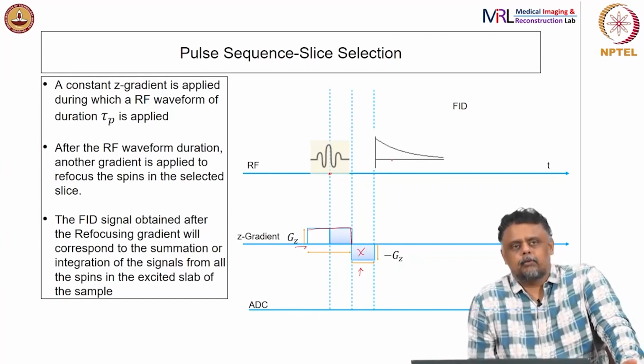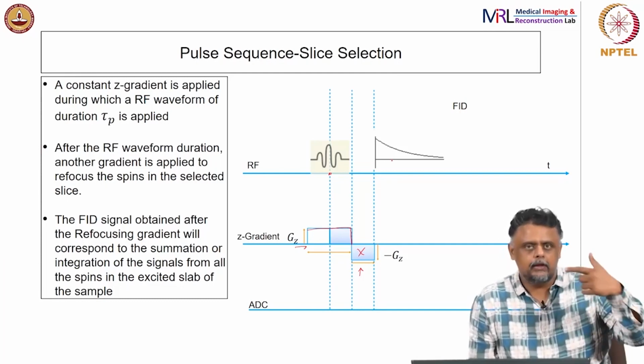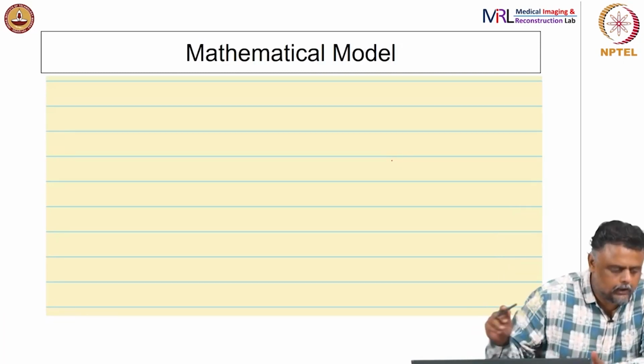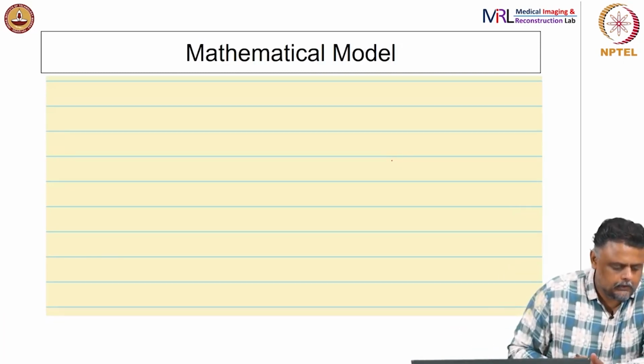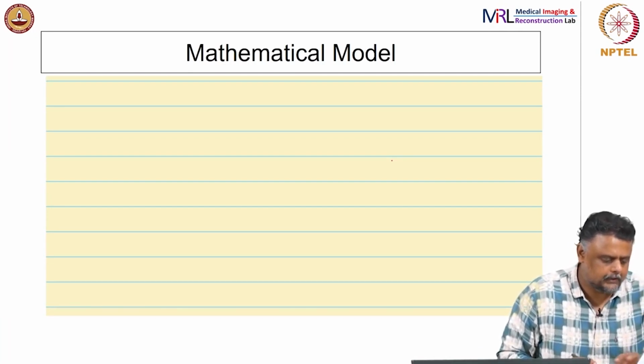That is a bad approximation. So, the slab of tissue is what we have localized, we still have to do x and y localization. So, we will look at a couple of derivations just to understand what is going on.